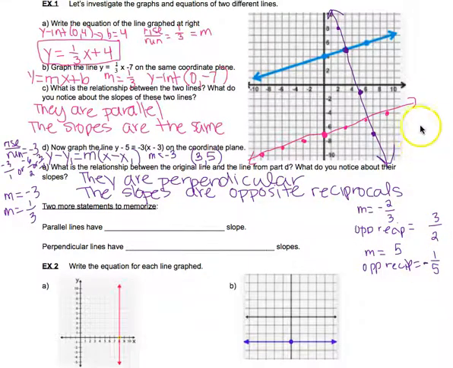I want you to try one now. So if I give you the slope, let's say 5/6. So if my original slope is 5/6, I want you to decide what the opposite reciprocal of that 5/6 would be equal to.